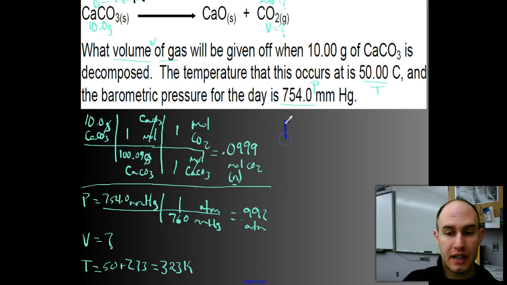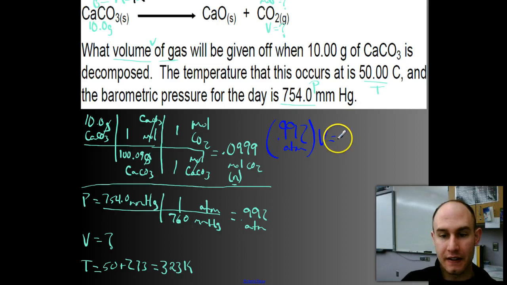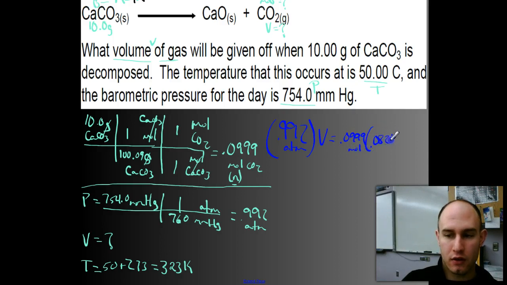So P is going to be 0.992 atmospheres. V is unknown, so I'm going to leave that as V, equals nRT, N, 0.099 moles. R is 0.0821, and T is the 323.